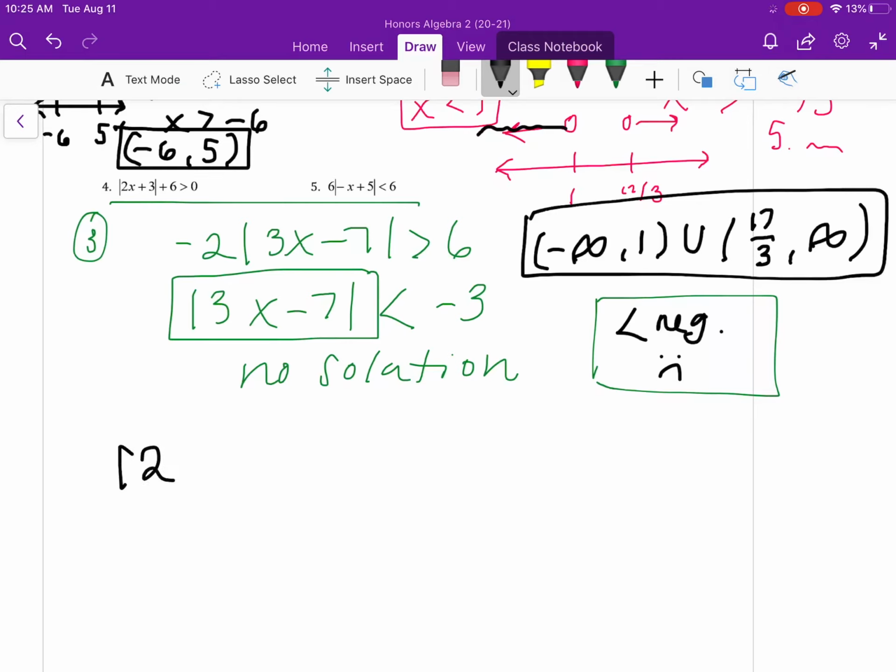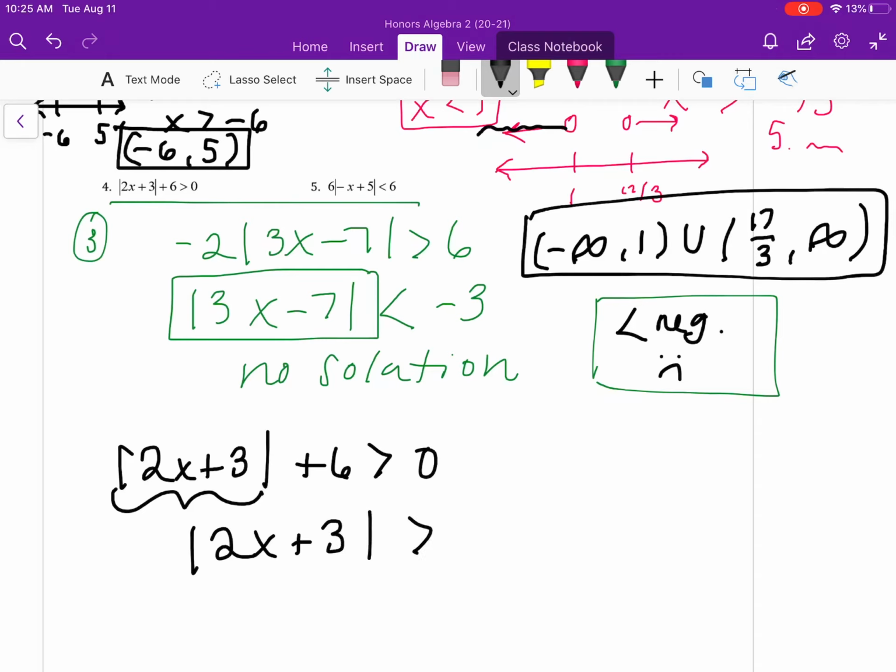So let me do number 4. Number 4 says the absolute value of 2x plus 3, plus 6, is greater than 0. Well, we need to get the absolute value by itself first. The absolute value of 2x plus 3 is greater than negative 6. Well, when will the absolute value be greater than negative 6? Won't it always be positive?